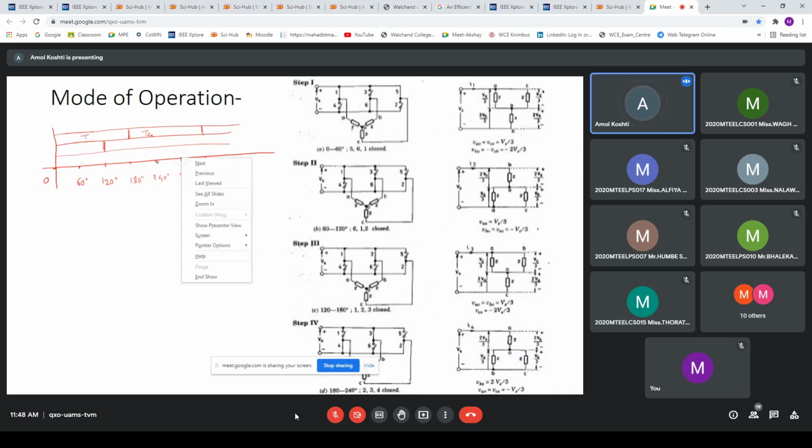So 60, 60, 120, and this 60 again, here it is 180 degree, up to 300 degrees.